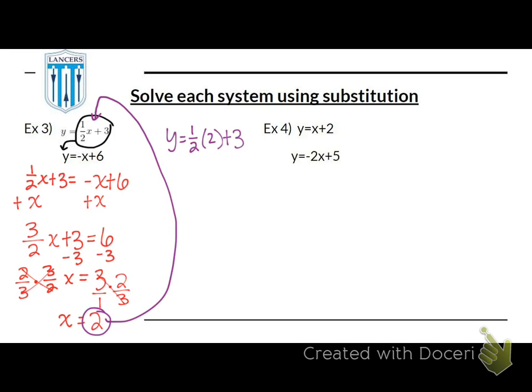All right, we got to simplify this. What is half of 2? 1. 1 plus 3 is 4. We're done showing our work. We just have to write our answer. What is it? 2, 4 as an ordered pair.